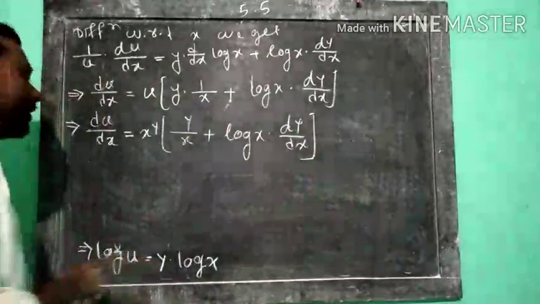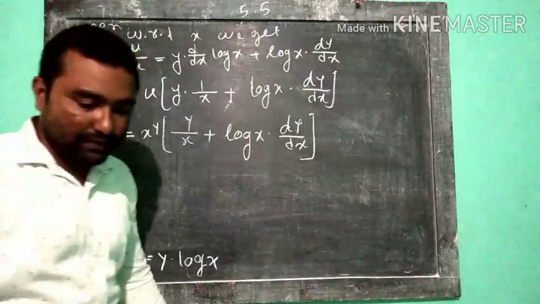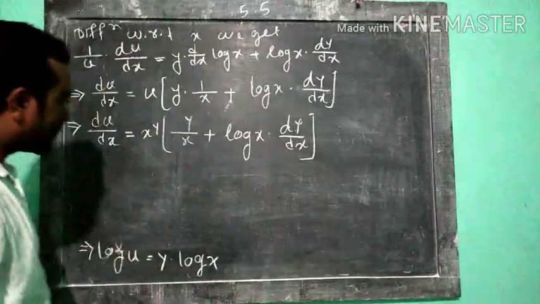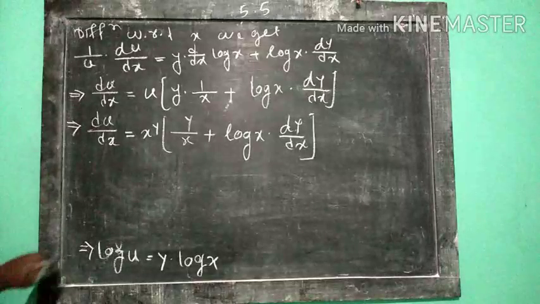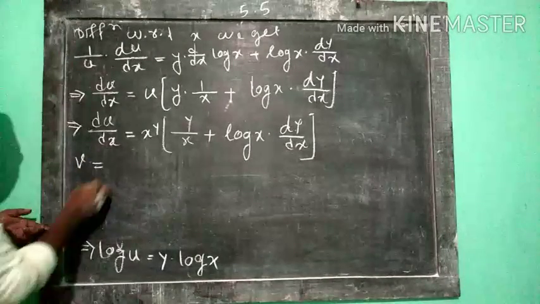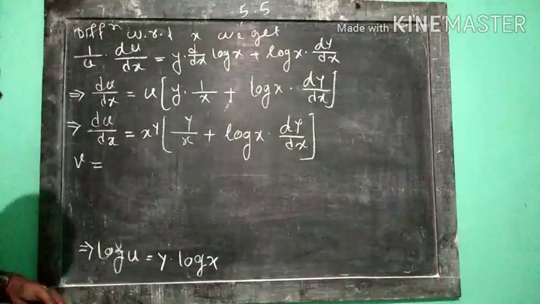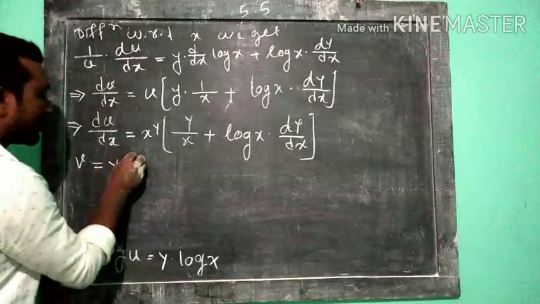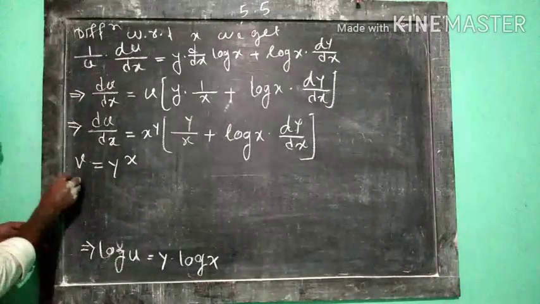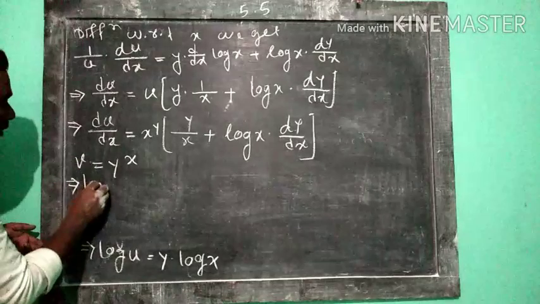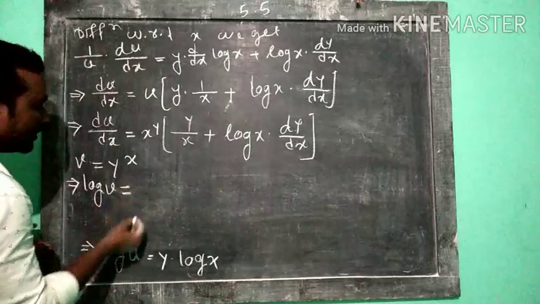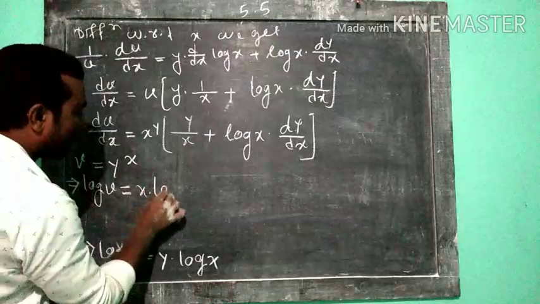This is the value of du/dx. Okay. Now we are going to find the value of dv/dx. Now v equals what? v equals y to the power x. If we take logarithm on both sides, then log of v equals x into log of y.